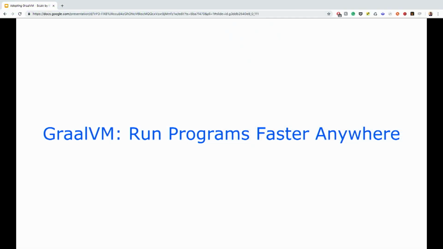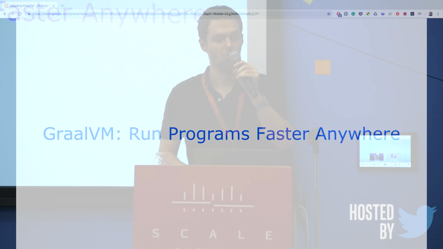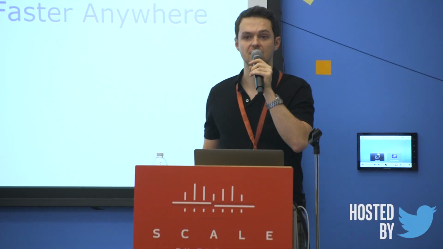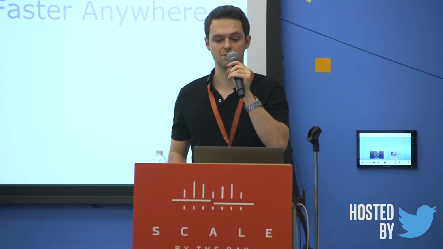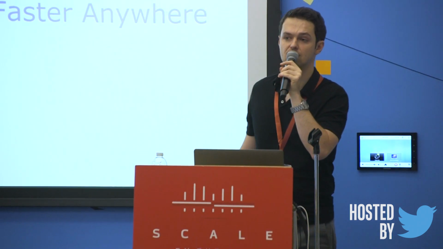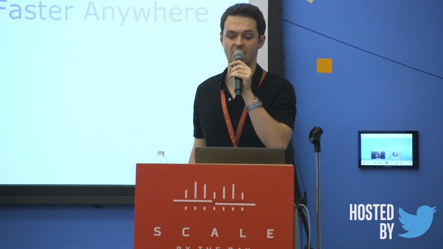So Graal, run programs faster, anywhere. That's the official slogan, and I bet it makes sense. What is really good is that Graal is written in Java using the new JVM compiler interface, or JVMCI.